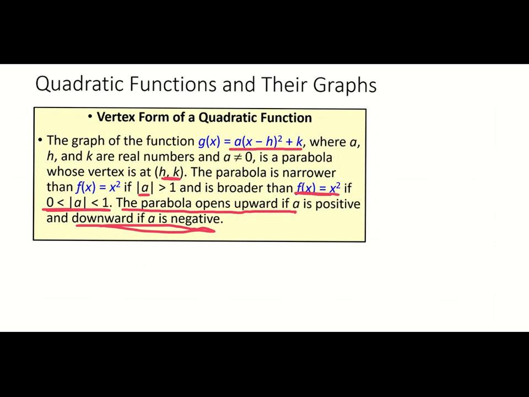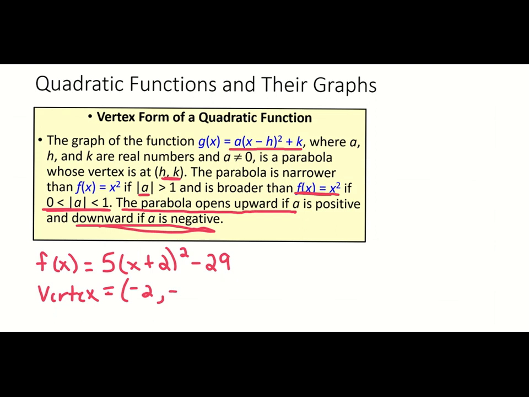All right, if I have the equation f of x equals 5 times (x plus 2) squared minus 29, I can tell a lot of information from this equation in vertex form. I know that my vertex for my equation is going to be (-2, -29).